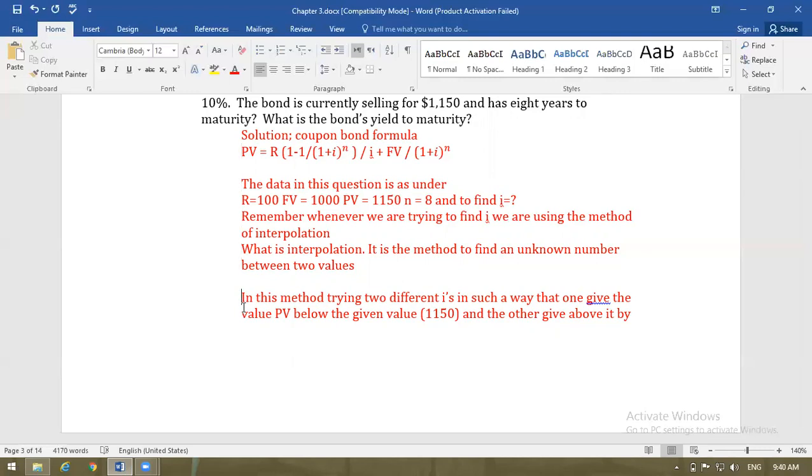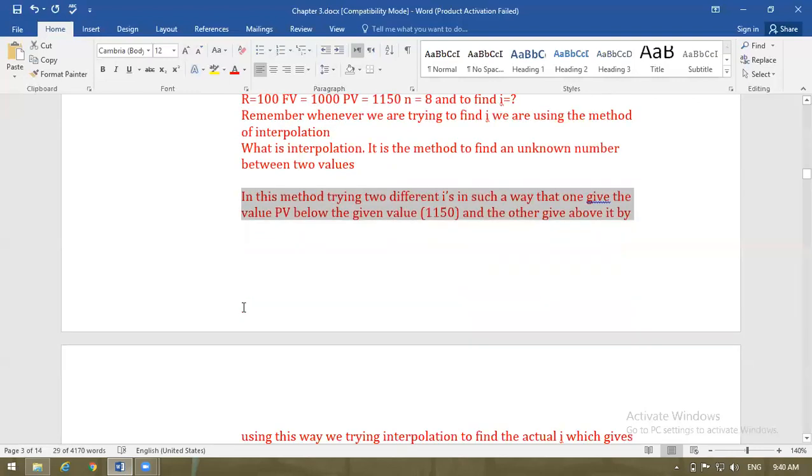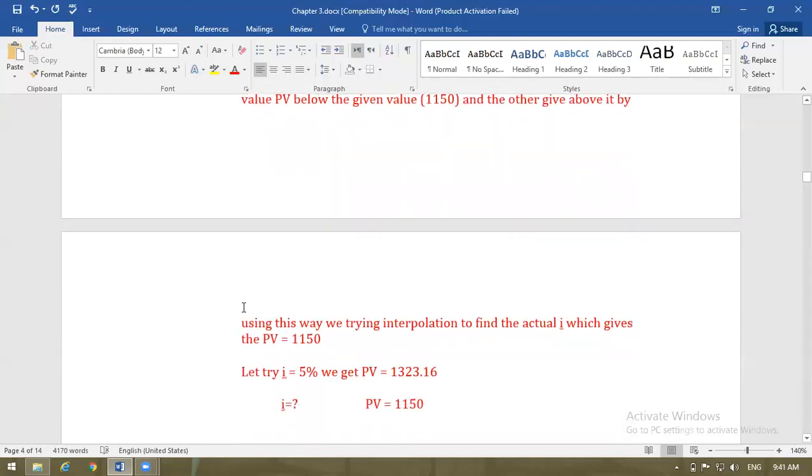In this method, we try two different I's in such a way that one gives a present value below the given value, which is 1150, and the other gives above it. In this way, using interpolation, we find the actual I which gives the present value 1150.